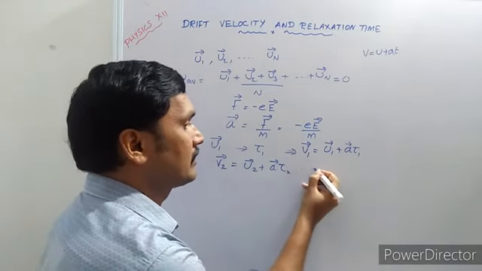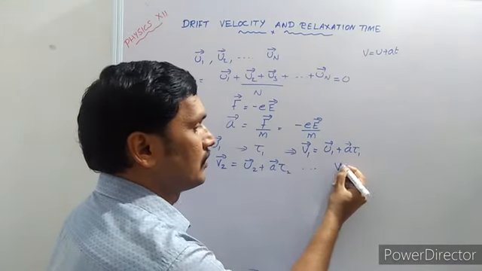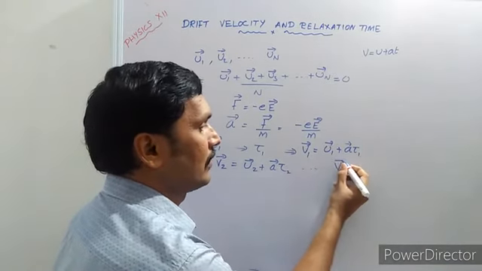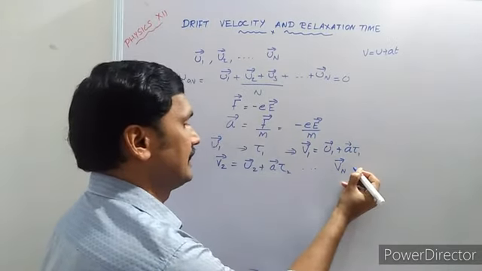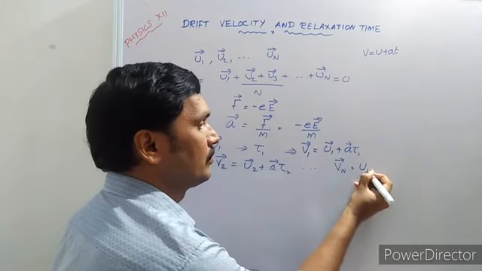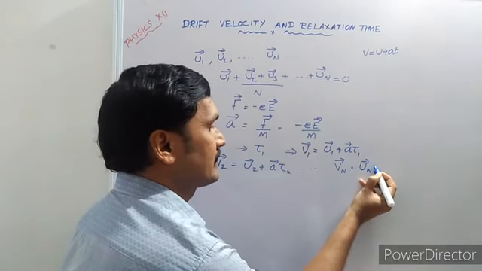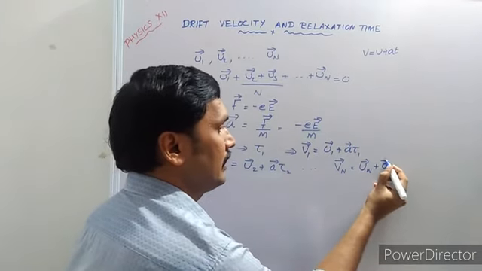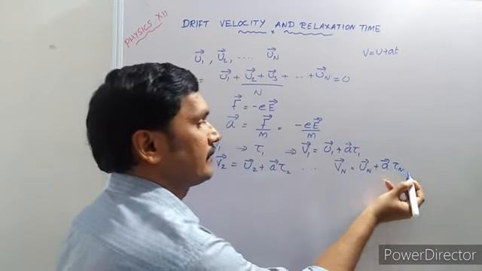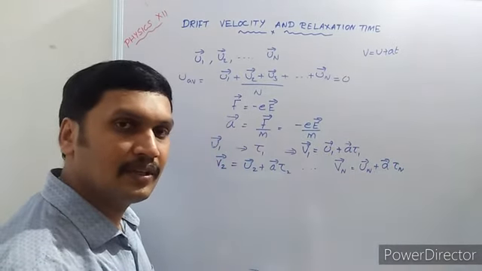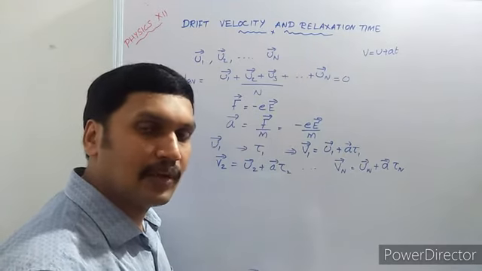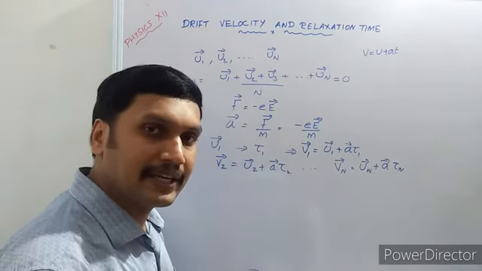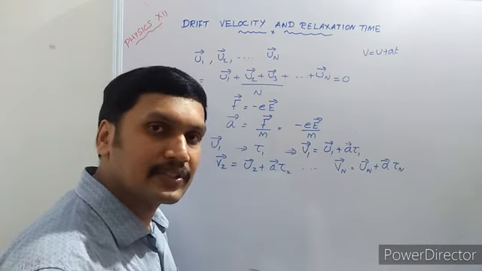Similarly, we can write the velocity gained by the nth electron, Vn, is equal to Un plus a into its relaxation time, say Tn.